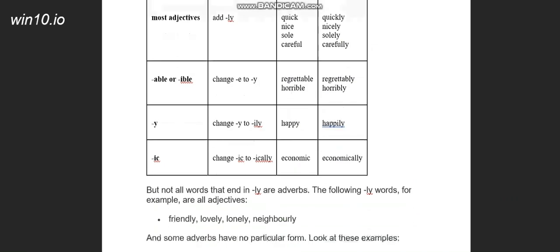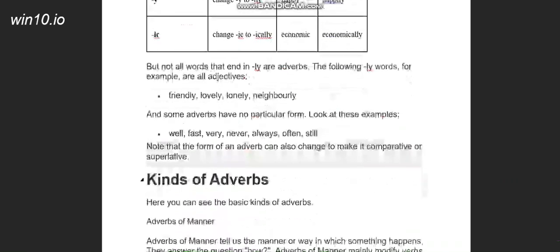Now, not all words that end in ly are adverbs. The following ly words, for example, are all adjectives: friendly, lovely, lonely, neighborly. So you don't have to have the misconception that whenever a word has ly, it is an adverb.